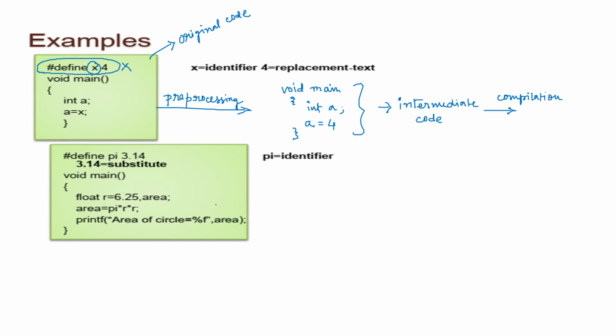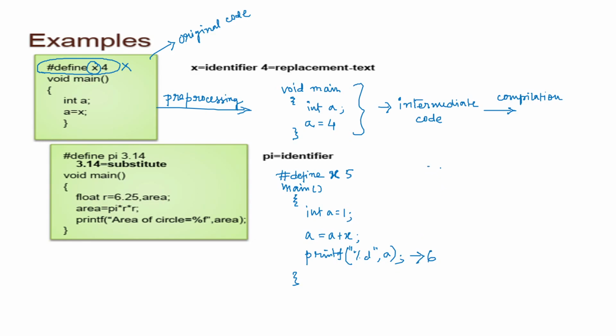Same thing for this program also. Suppose you write main, #define x 5, int a = 1, then a = a + x, and then printf("%d", a). You will see that it produces the result 6. Why?